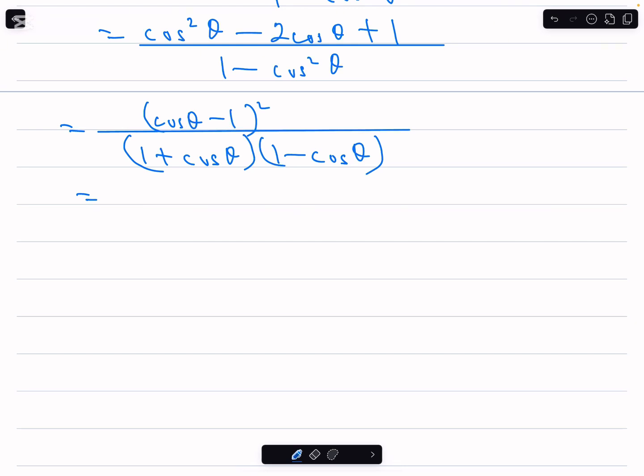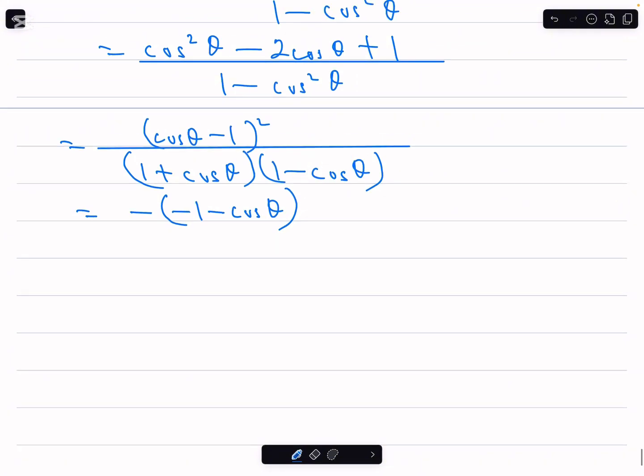Okay, that means I can do this. If I factor minus 1 out of this, it becomes minus 1 into bracket minus 1 minus cos theta, which is the same as, okay, let me even do this. No, I should write the numerator first.